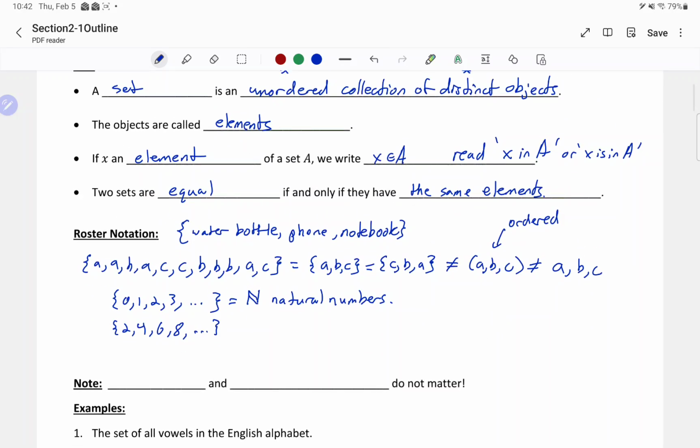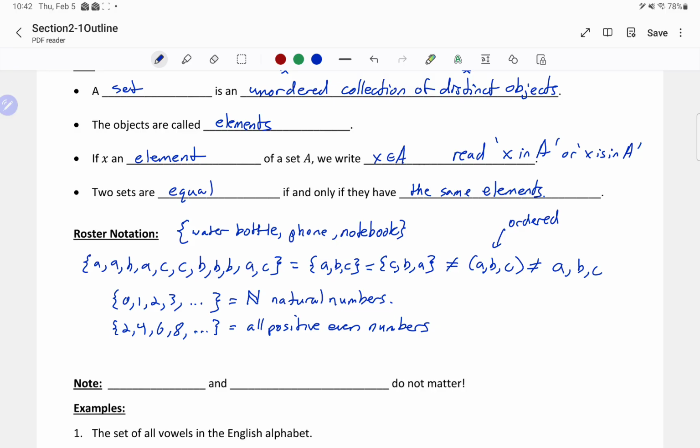But anyway, that's how I do that. The dot dot dot just means continuing whatever the pattern is. So this would be all positive even numbers. Or wouldn't it be just all even natural numbers? No, because 0 is even. 0 is 2 times 0.